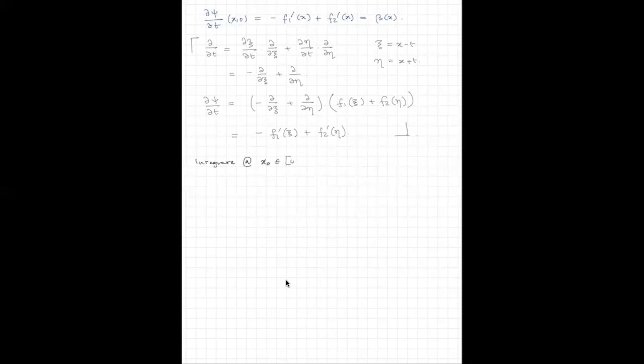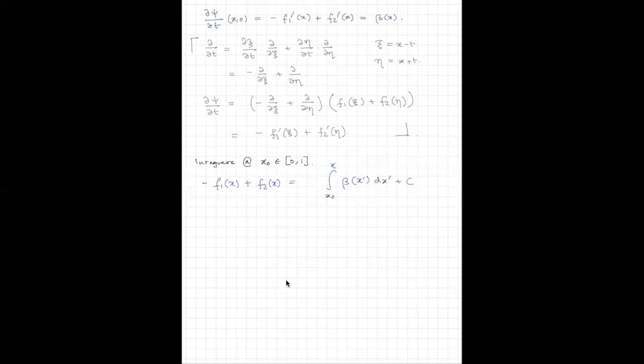So then what is it that you get? You get minus f1 of x plus f2 of x is equal to the integral from x naught to x of beta of x primed, plus some constant c.